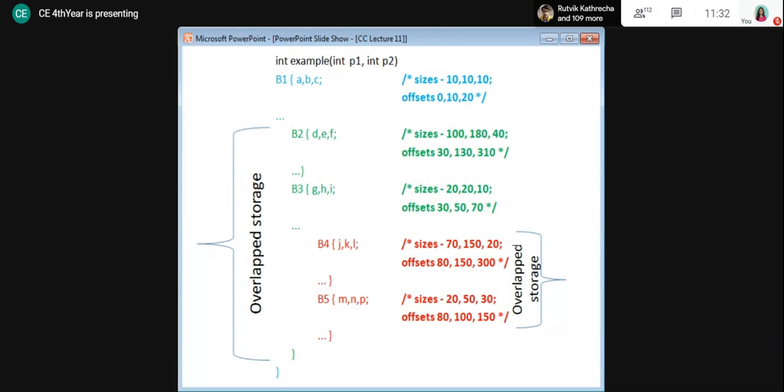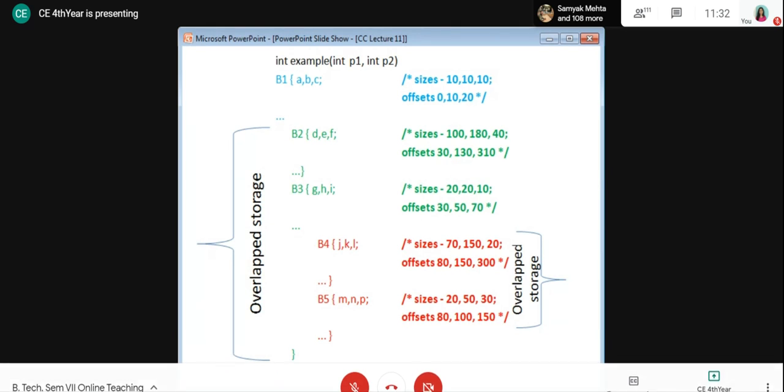So in all these different cases which are possible for this particular procedure, we can understand that B2 and B3 can use an overlap storage, and B4 and B5 can also use an overlap storage space.